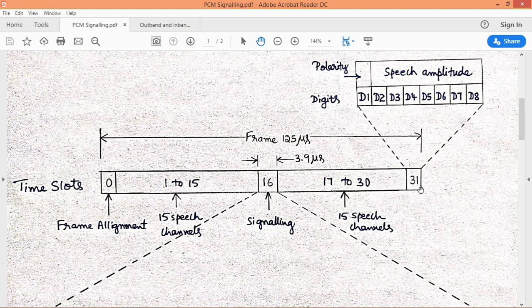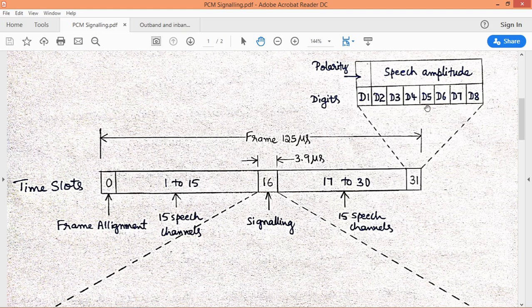As shown in this figure, a PCM frame includes a total of 32 time slots, named 0, 1, 2 and so on up to 31. Out of these, let us consider one particular time slot. This time slot stores 8-bit binary data, or digital data. So 8 digits are saved inside a particular time slot.